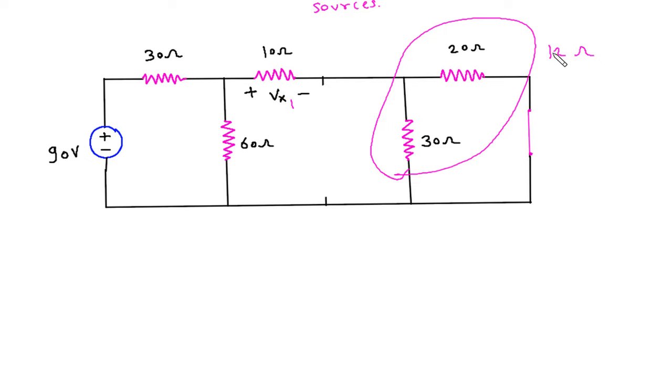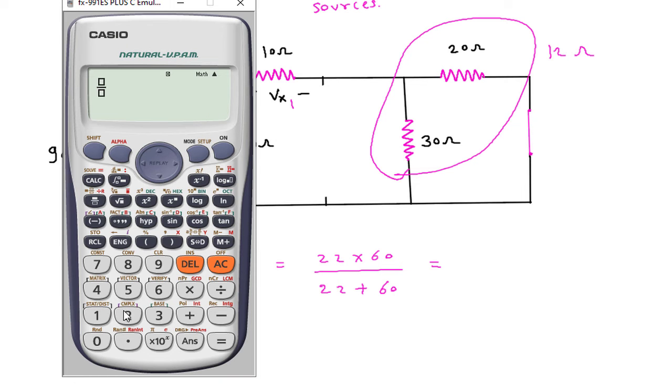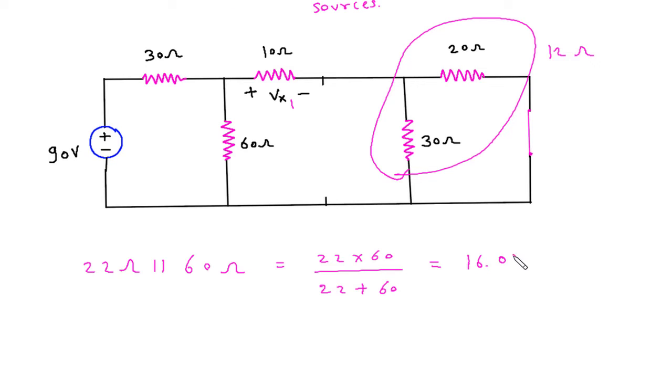This 12 ohm is in series with this 10 ohm, so this will be 10 plus 12, 22 ohm. Now this 22 ohm is in parallel with 60 ohm, so this will be 22 into 60 by 22 plus 60.